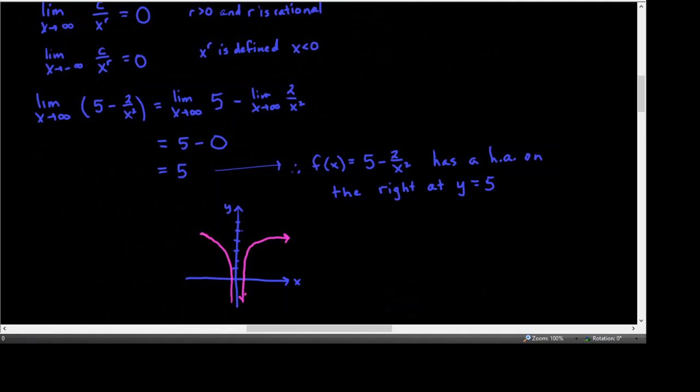Oops, I drew that a little bit too high, sorry. Try that again. Okay, well, I'll just leave it close enough. And the idea is, if you look at a better graph, perhaps one that's on a calculator, of this function, and also graph y equals 5, you'll see that on both sides, y equals 5 is a horizontal asymptote, not just on the right side as we found, but also on the left side.